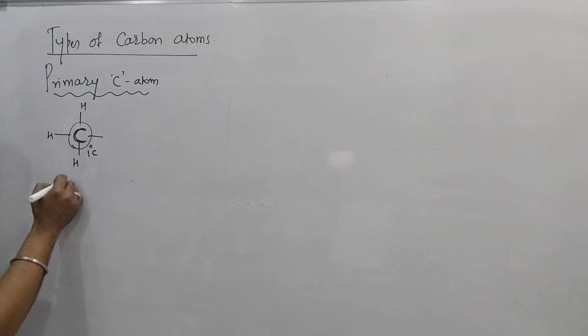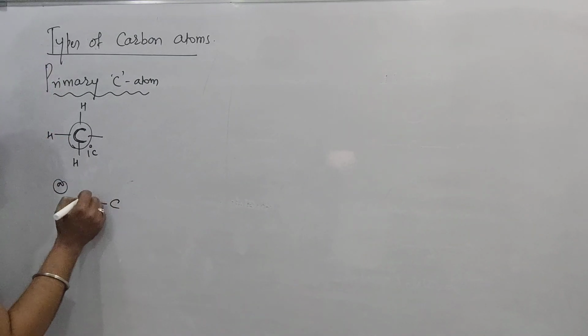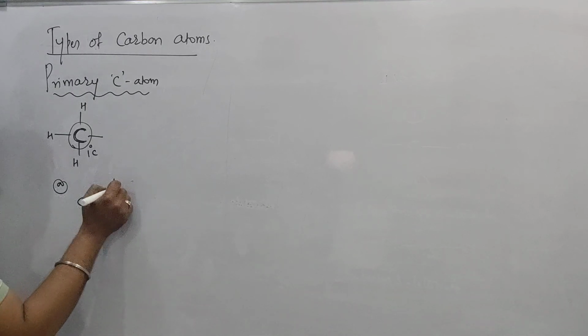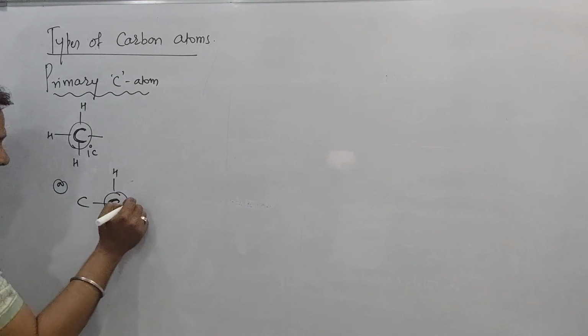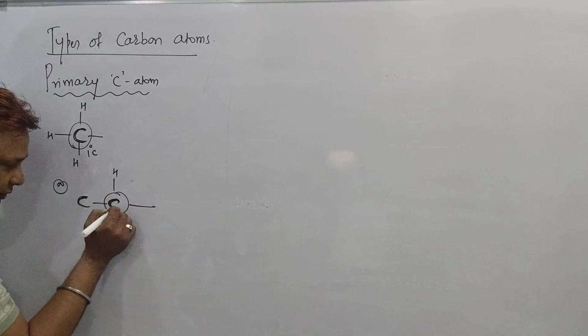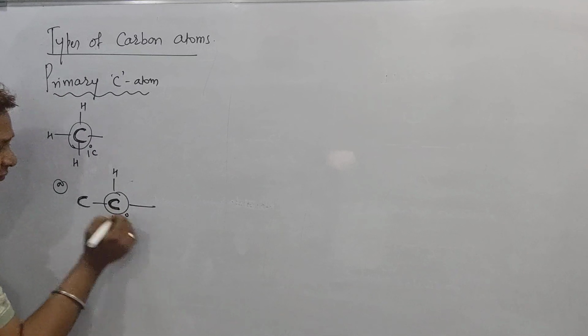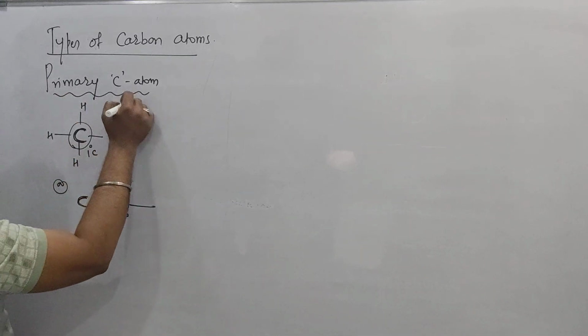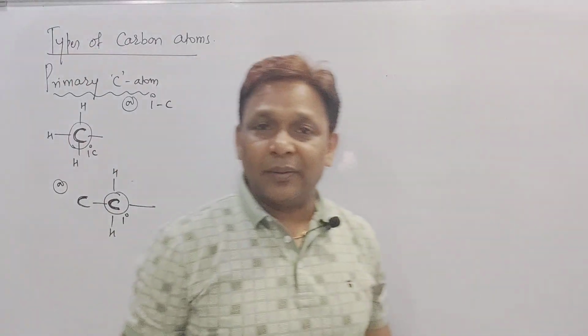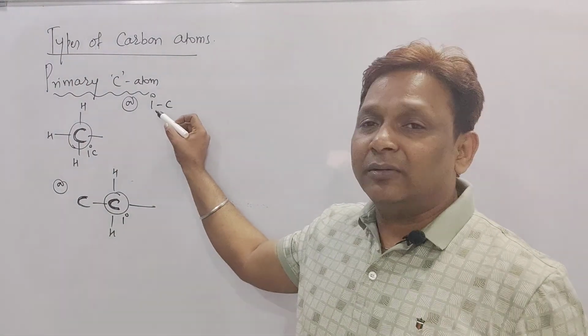Now one more definition is there, beta. A carbon atom that attaches with only one carbon. See, beta, a carbon atom attached with only one carbon. So this carbon is called a 1 degree carbon. Means primary carbon can be denoted as a 1 degree carbon.